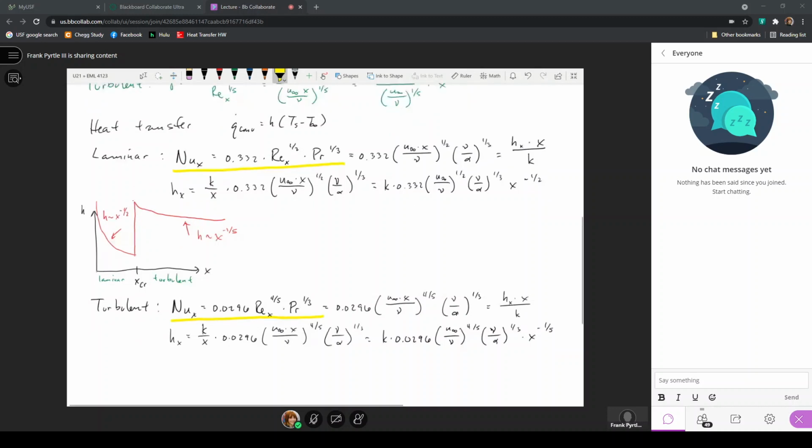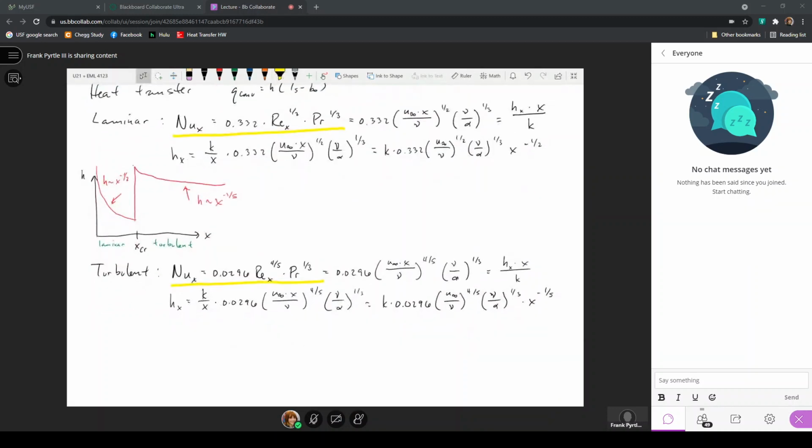And that expression can be written for the laminar region. I'll just write a difference in the expression. When you see the Nusselt number without a subscript, that's an indication that it's an average Nusselt number.